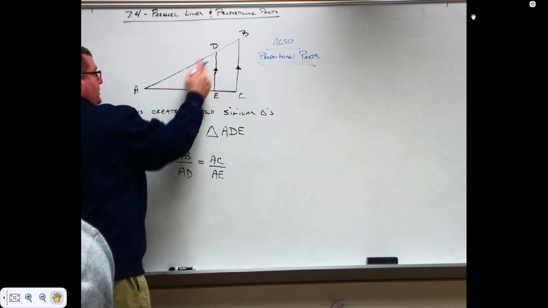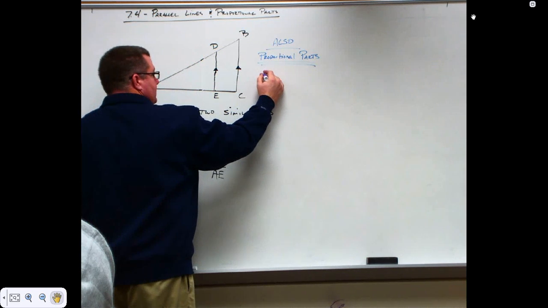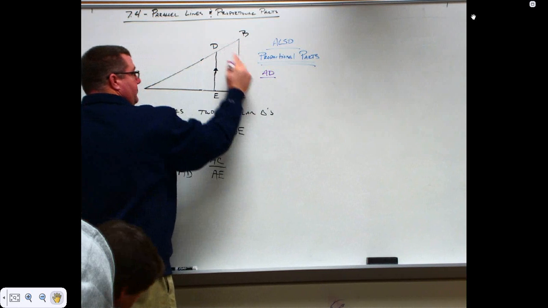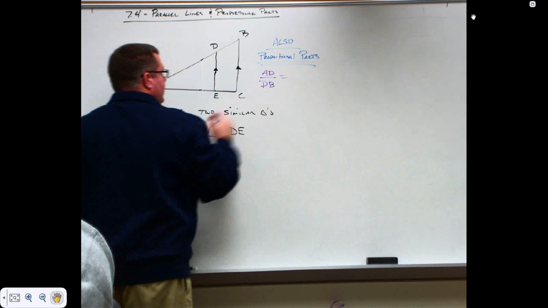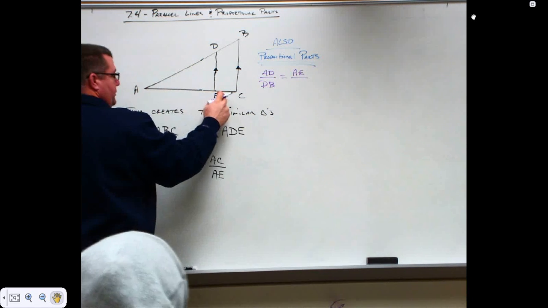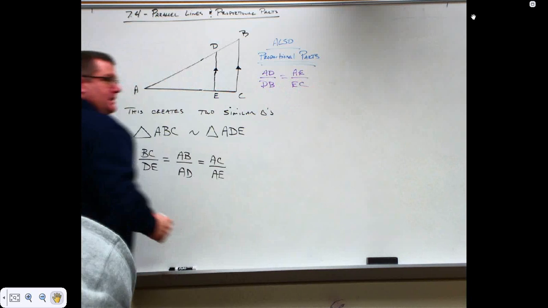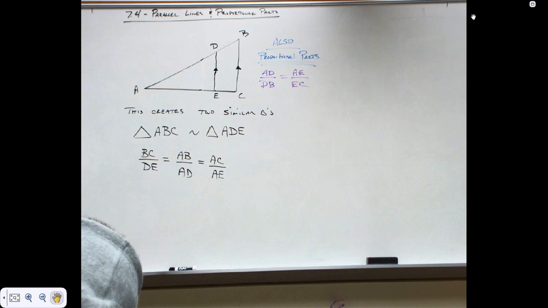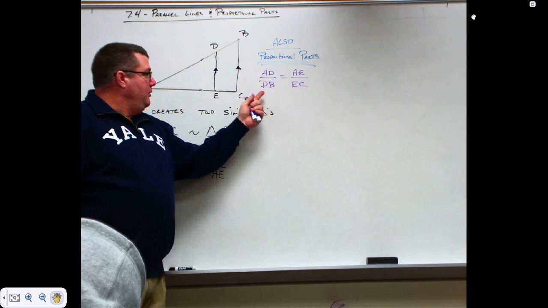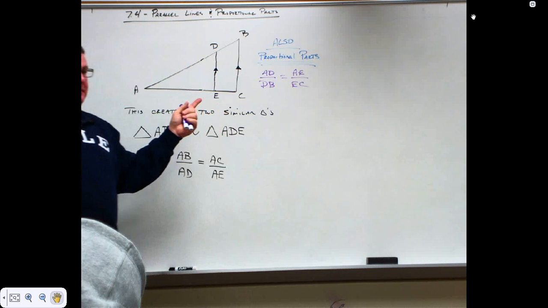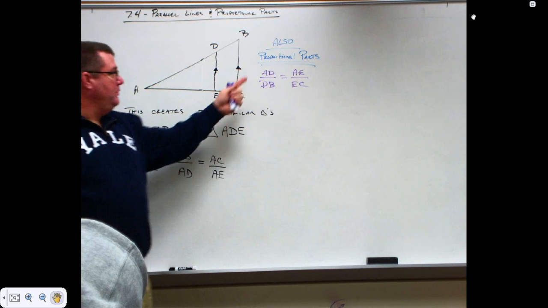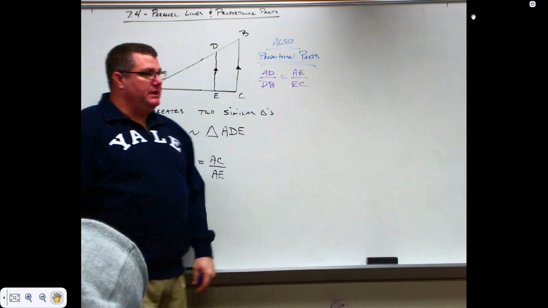What parts did it make? So AD over its proportional part, DB, will equal AE over its proportional part, EC. Now what's the difference there? AD and AE are sides of a triangle, but what about DB and EC? That is just part of the triangle, isn't it? That's where the word proportional parts comes from.